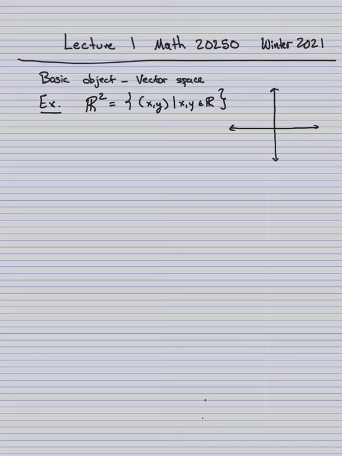Okay, so what can we do here? What can we do with pairs of real numbers? Well, a simple thing that we can do is add them together. So we can take (x1, y1) plus (x2, y2) and declare that this is just going to be (x1 plus x2, y1 plus y2).